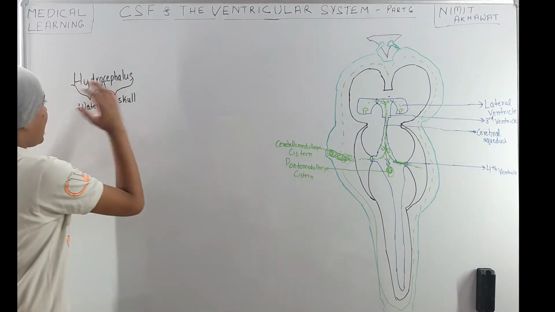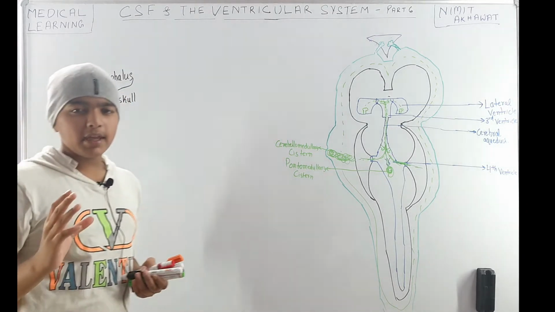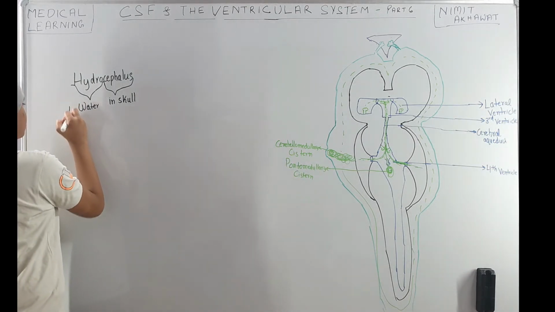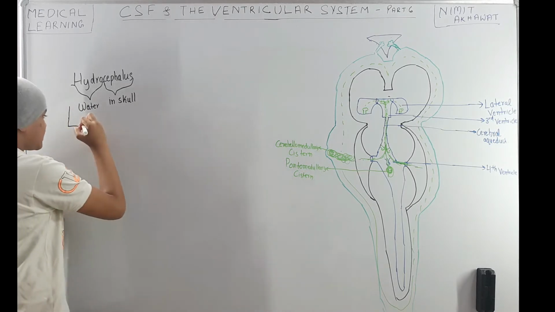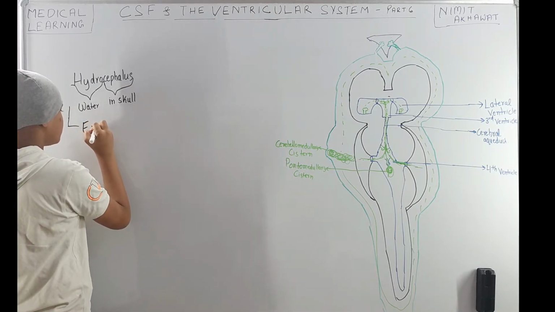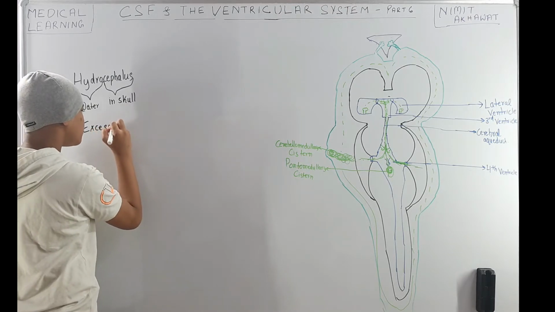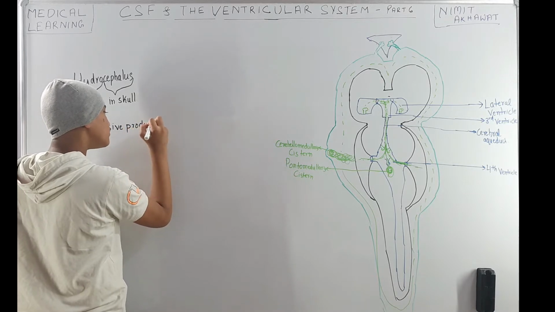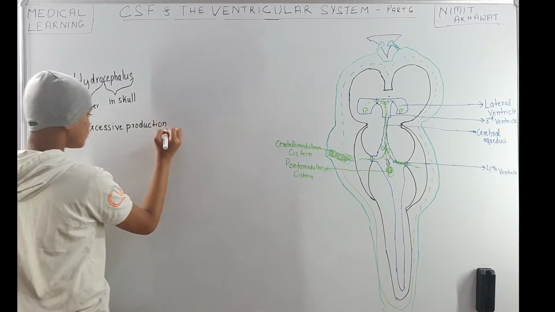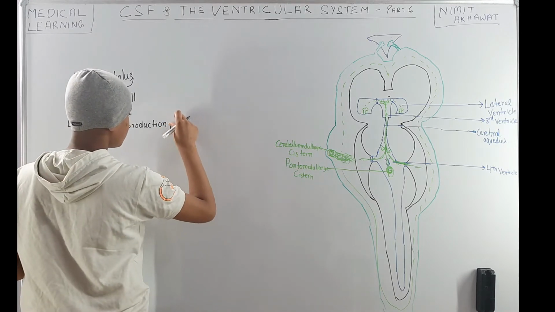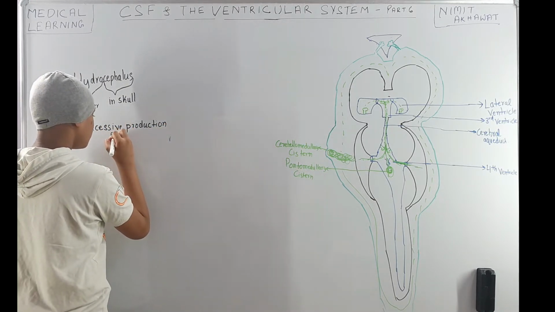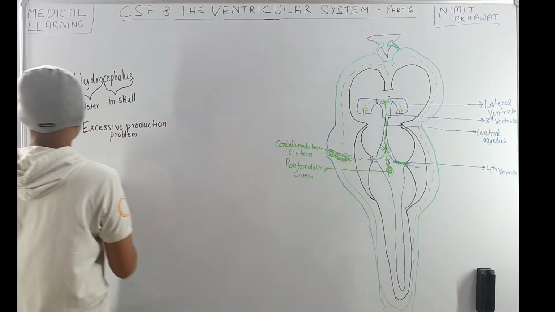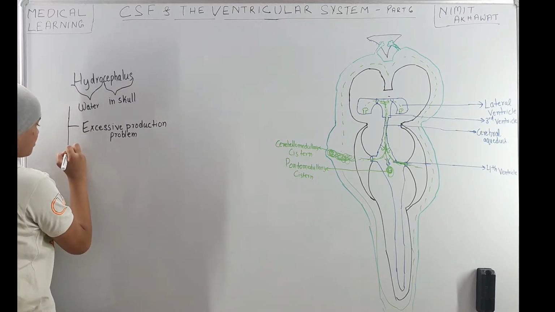Now let's discuss hydrocephalus. There are three major causes of hydrocephalus. The first cause is known as excessive production problem. The second major cause is known as abnormal circulation.